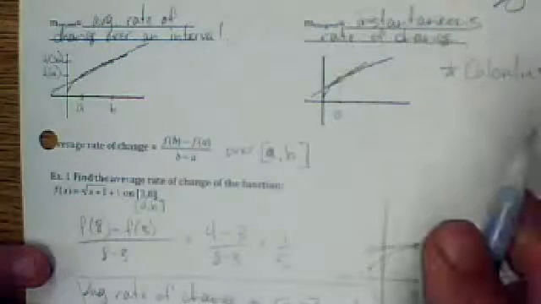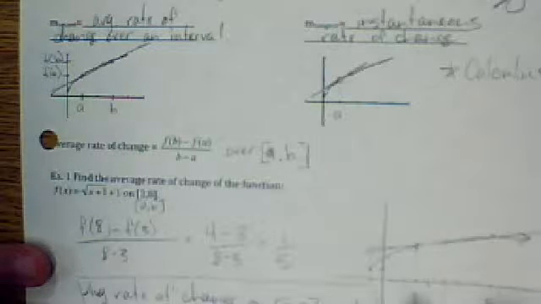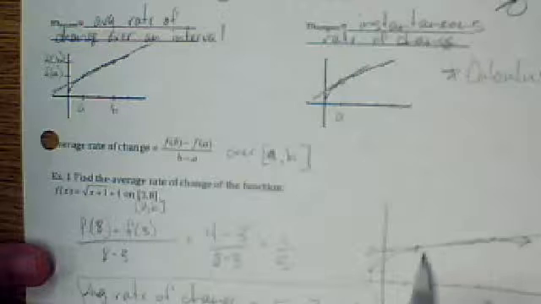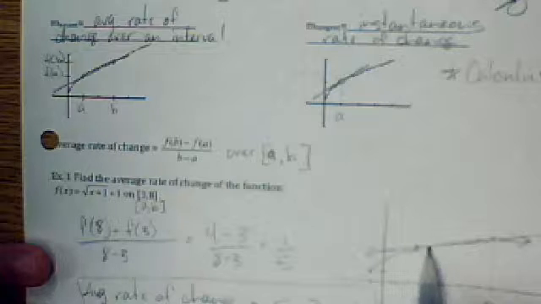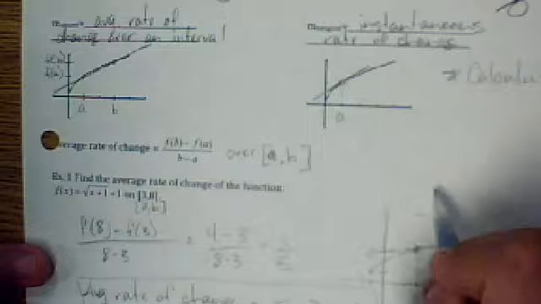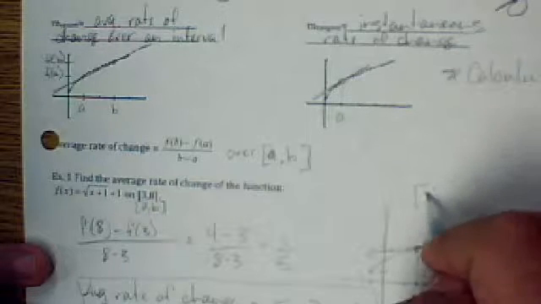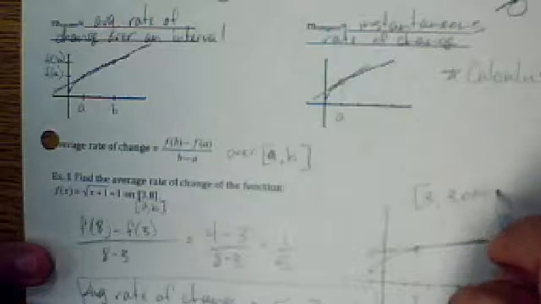What I could do is shrink this interval. Instead of going 3 to 8, I could go 3 to 4. Okay, so I could shrink my interval, which would give me more of an exact slope there, or I could shrink it even more. I could go 3 to 3.1. Or what if I shrunk my interval to 3 to 3.00001?